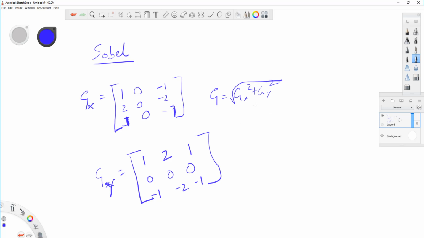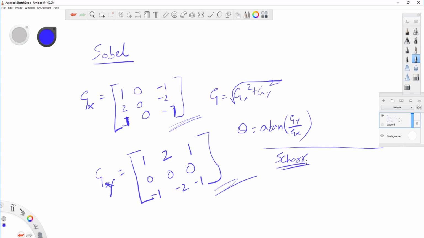Anytime you have this, you can calculate the angle, theta equals arctan of gy over gx. You can do a lot of math, but basically it comes down to the fact that these are the operators for Sobel.